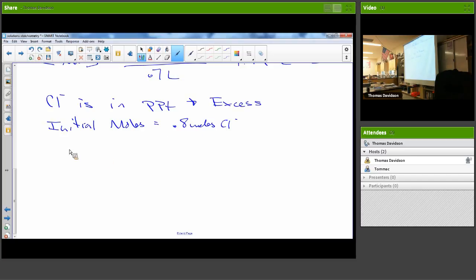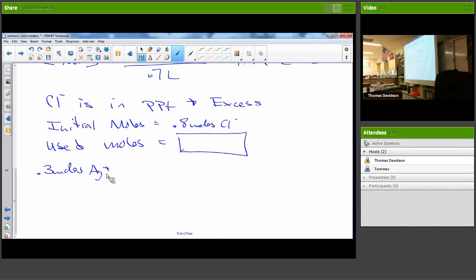All right, then we need to know the used moles. Okay, and it's not as bad as you think. The used moles will be determined by the limiting reactant, right? Okay, so my limiting reactant was 0.3 moles of Ag. You could put AgNO3, it won't matter right now, either one.